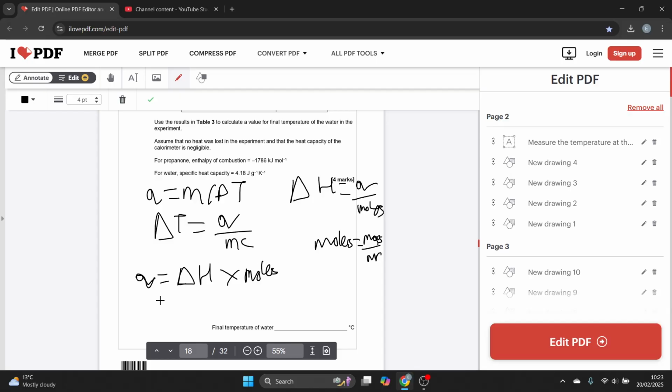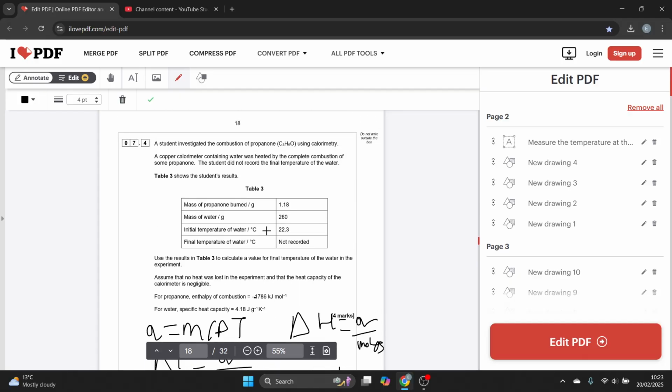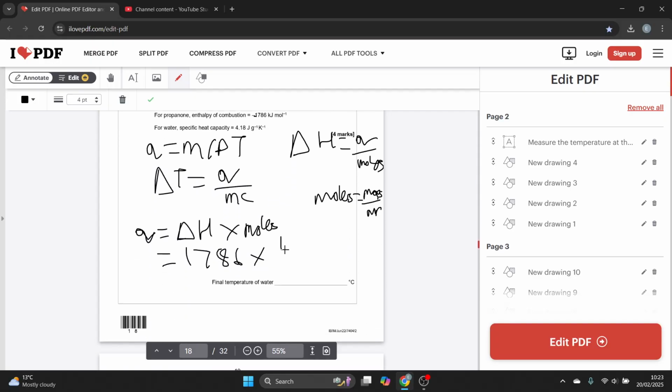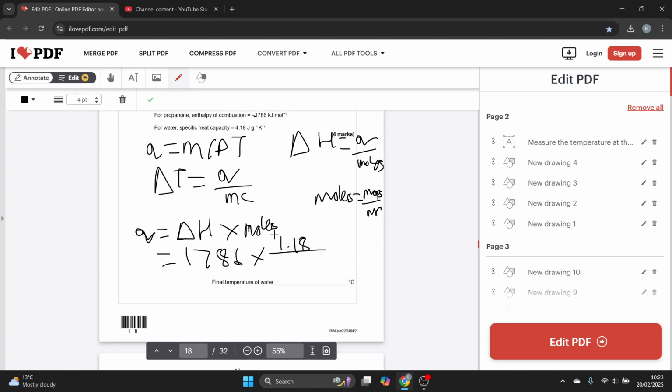So it's going to be, I don't care about the negative sign, 1786 times by the moles of what? The propanone. So 1.18 over the Mr, which I can work out.